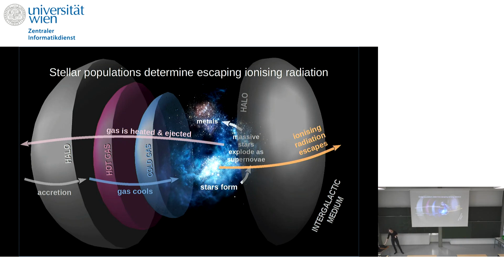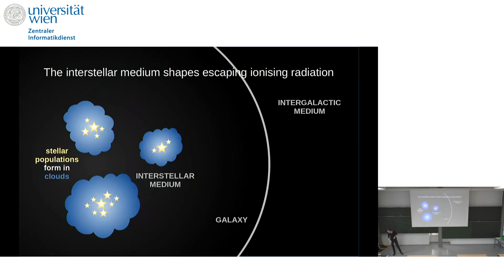It's a highly discussed topic, and we actually don't know how much escapes. So this is really up for research currently. And I think people start to think, so you have your molecular clouds, where you form your stellar populations in these clouds.